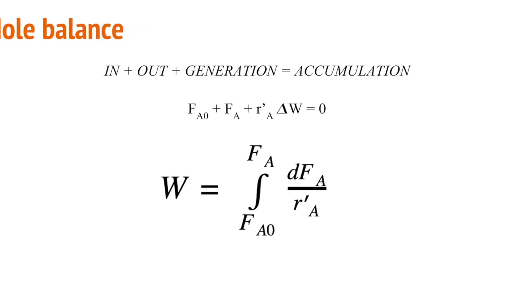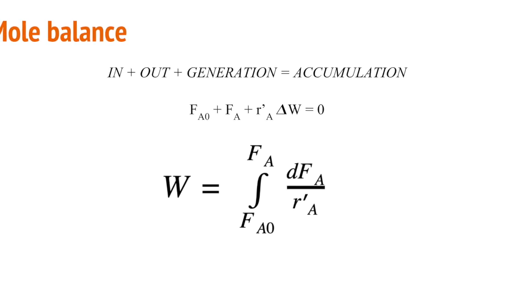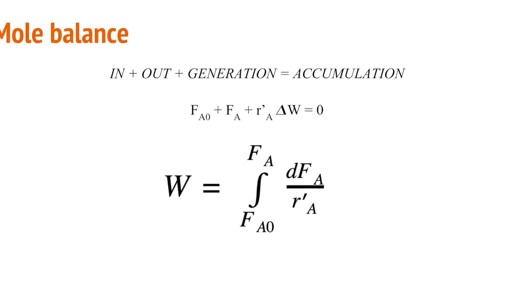Along the course, we have been talking about the general mole balance of a reactor, and we know it is in minus out plus generation equals accumulation. When we are talking about in and out, we are talking about the rate of flow that goes in and goes out of the system.